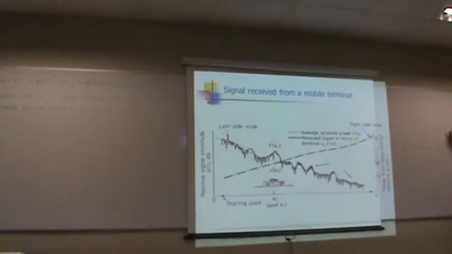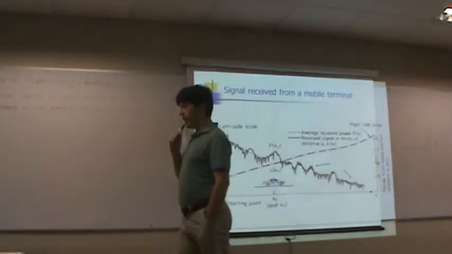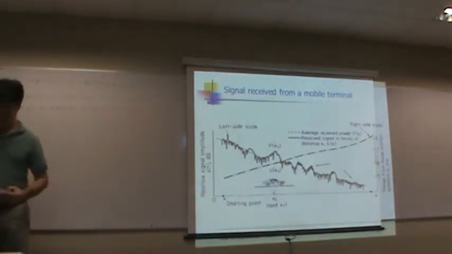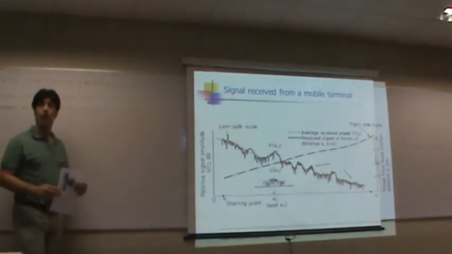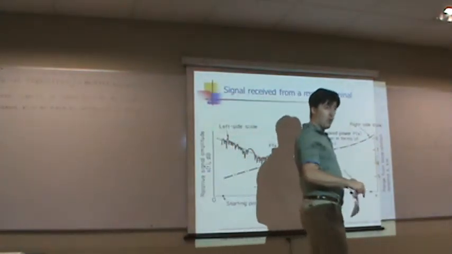Station on top of the building, and now a user on the ground. Okay, what we will find in a moment is that the situation is very different for base stations and for users on the ground.